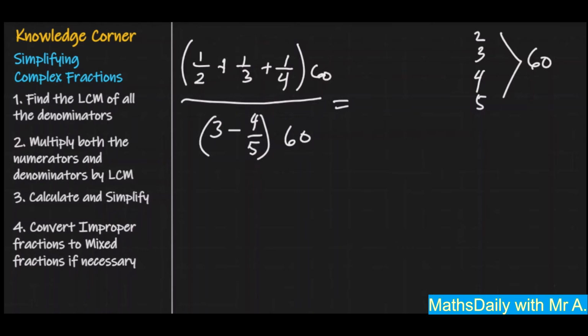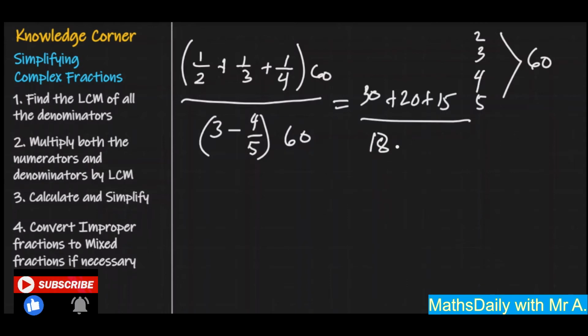60 times 1 divided by 2 is 30, plus 60 times 1 divided by 3 is 20, plus 60 times 1 divided by 4 is 15, over 60 times 3 is 180 minus 60 times 4 is 240 divided by 5 is 48.